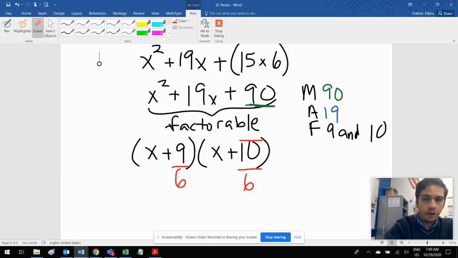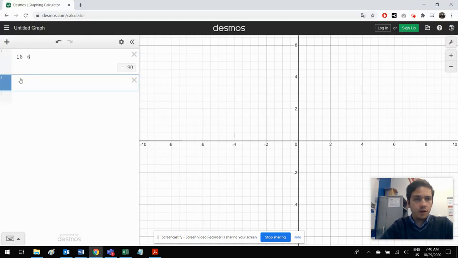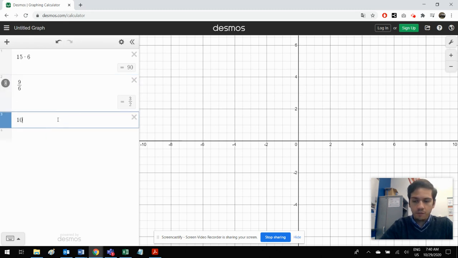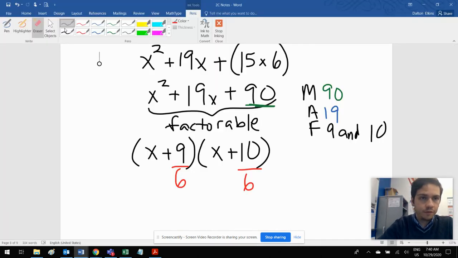Right? If you swing forward, you have to undo it, you have to swing back. So this is something that we have to put into Desmos. I'm going to do 9 divided by 6, and I'm going to convert that to a fraction. Do 10 divided by 6, I'm going to convert that to a fraction. So 3 over 2, 5 over 3.